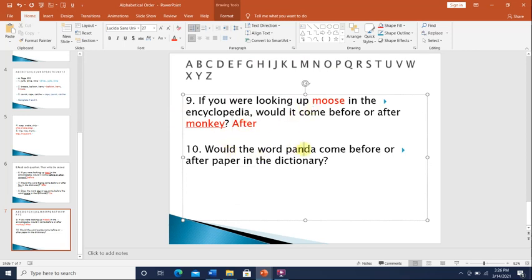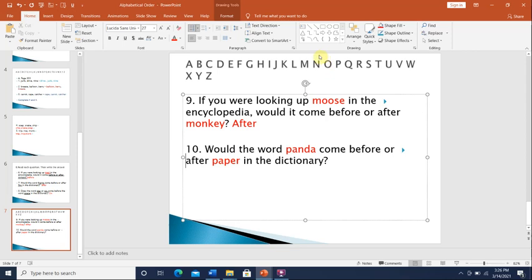Would the word panda come before or after paper? Here we have panda and paper, both begin with PA. So the third letter here is N, and the third letter here is P. Which comes first, the N or the P?